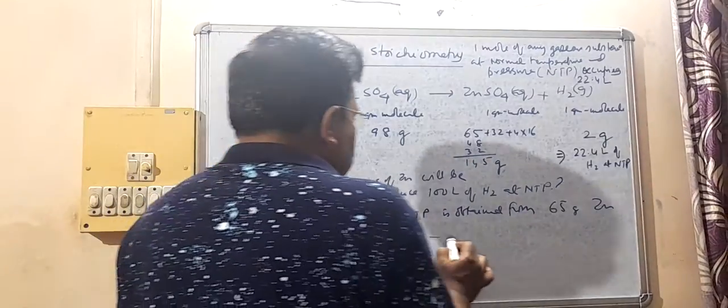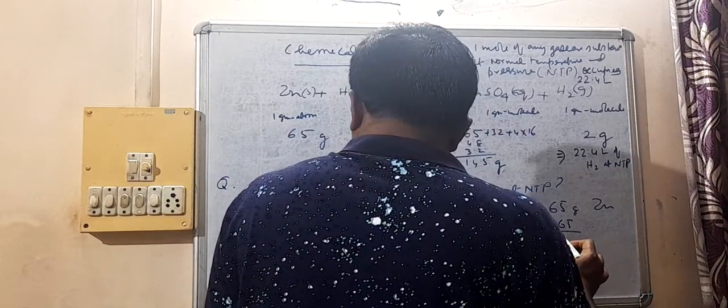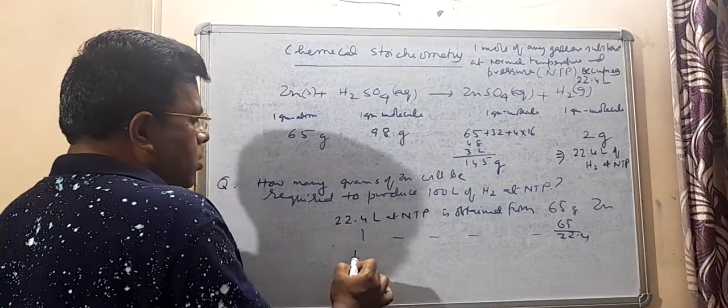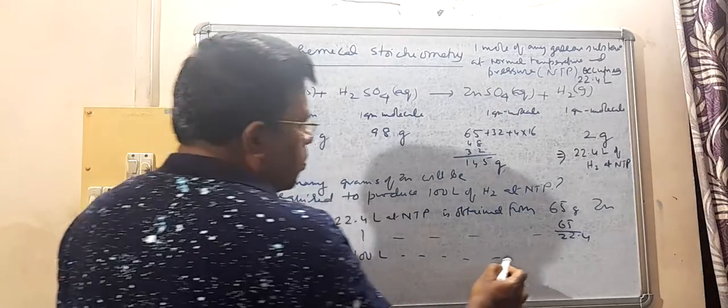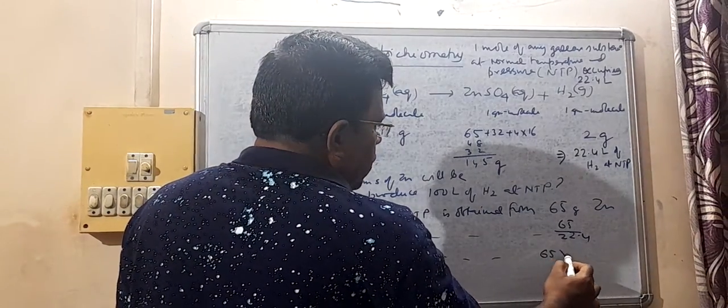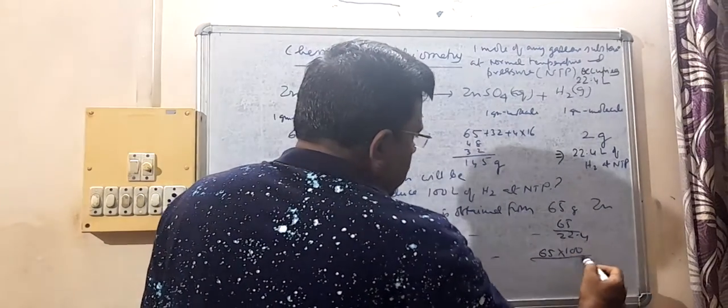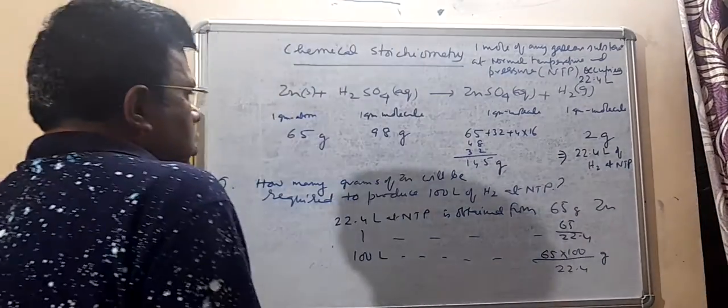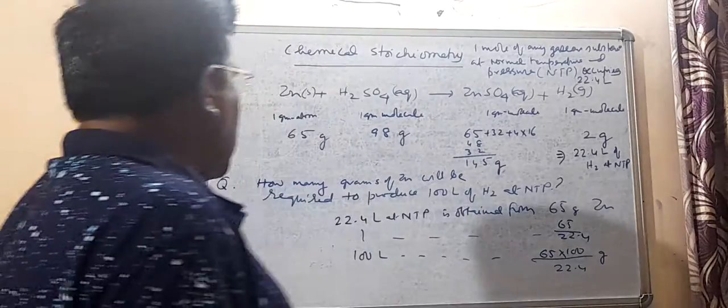So 1 liter will be obtained from 65 by 22.4 grams of zinc, and 100 liters will be obtained from 65 into 100 by 22.4 grams. So you simplify this, and that will be the answer.